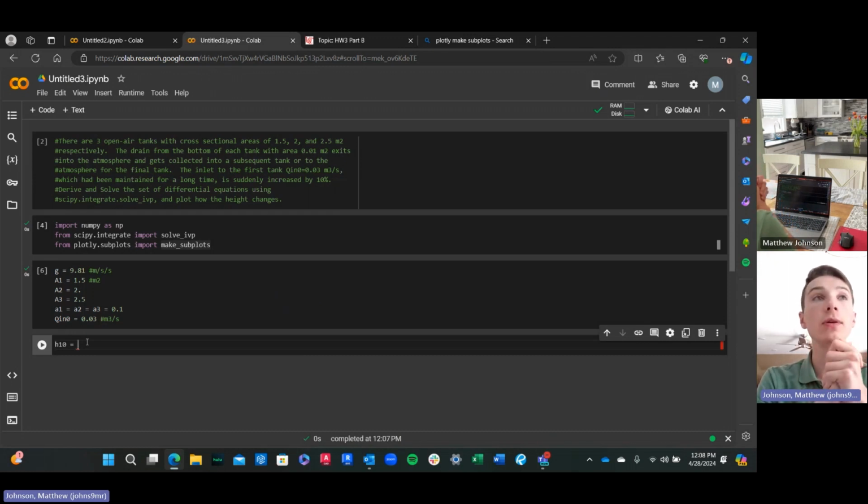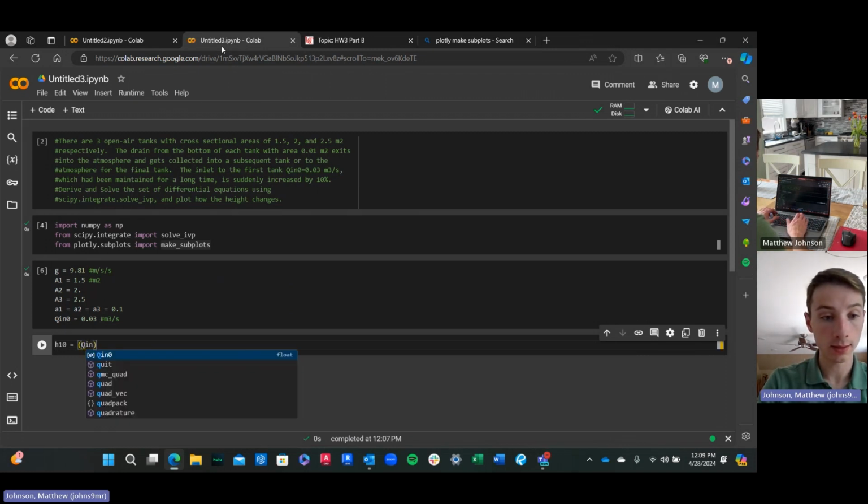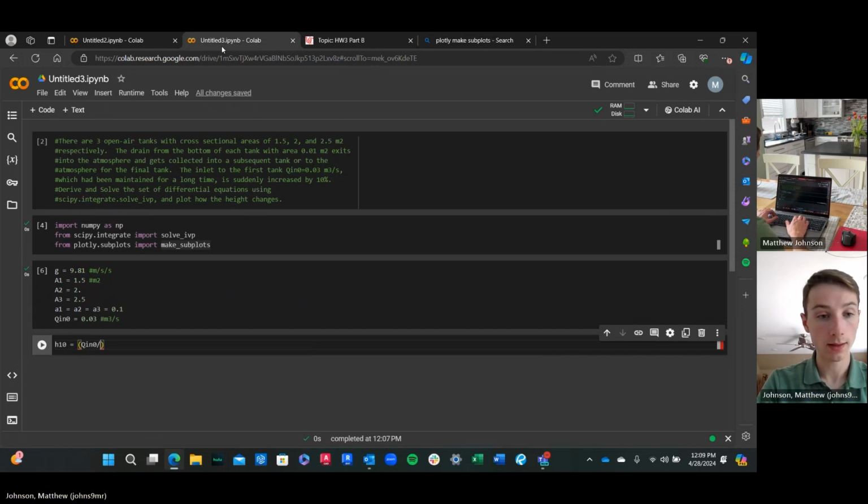If we had Q is equal to radical 2g H1 times A1, and we're solving for H1, we would need to divide by A1, Q divided by A1, right? So we have the Q in naught divided by A1, okay?